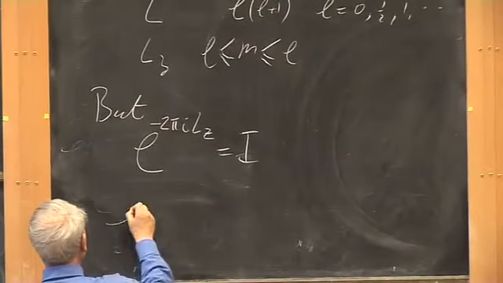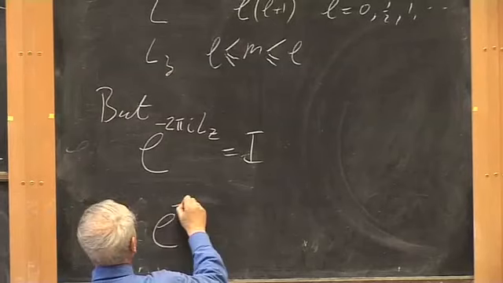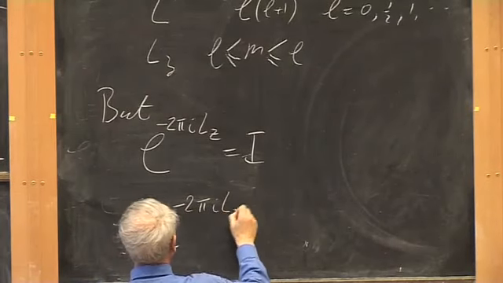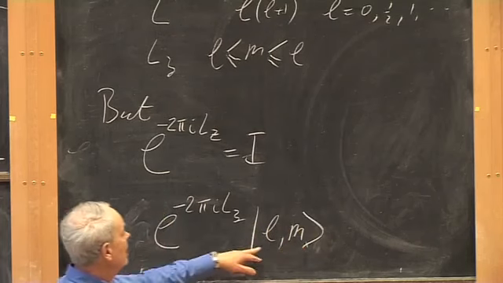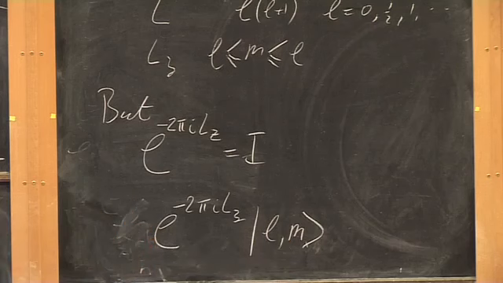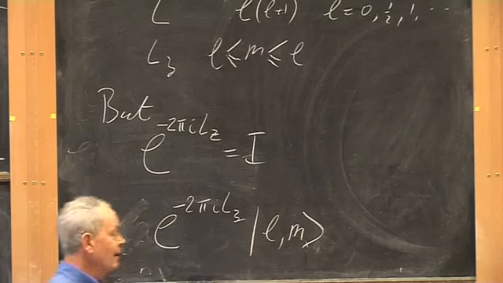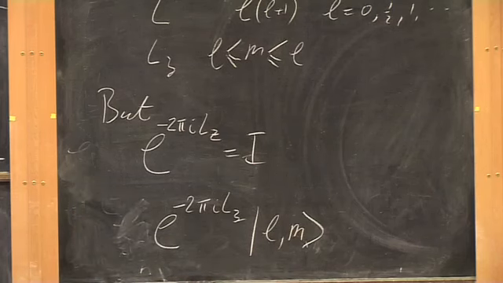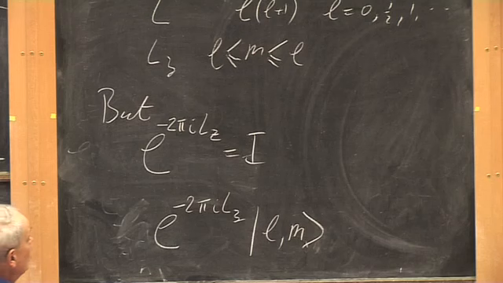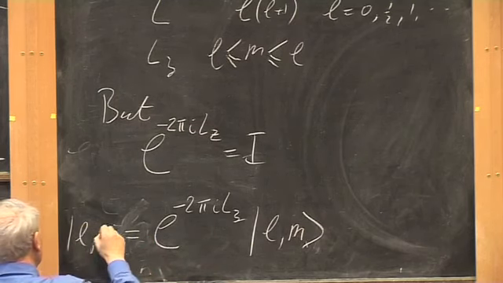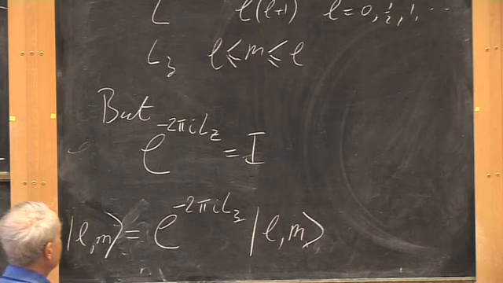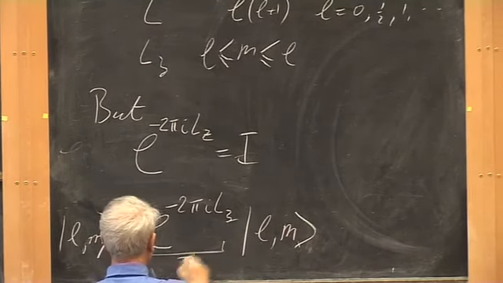Consequently, if we use this operator on one of our states, which are going to be called |l,m>, the mutual eigenstate of L squared and Lz with eigenvalue l(l+1) for L squared and m for Lz, precisely by analogy with what we did with J, then this has to be simply |l,m>, because this is the identity operator.